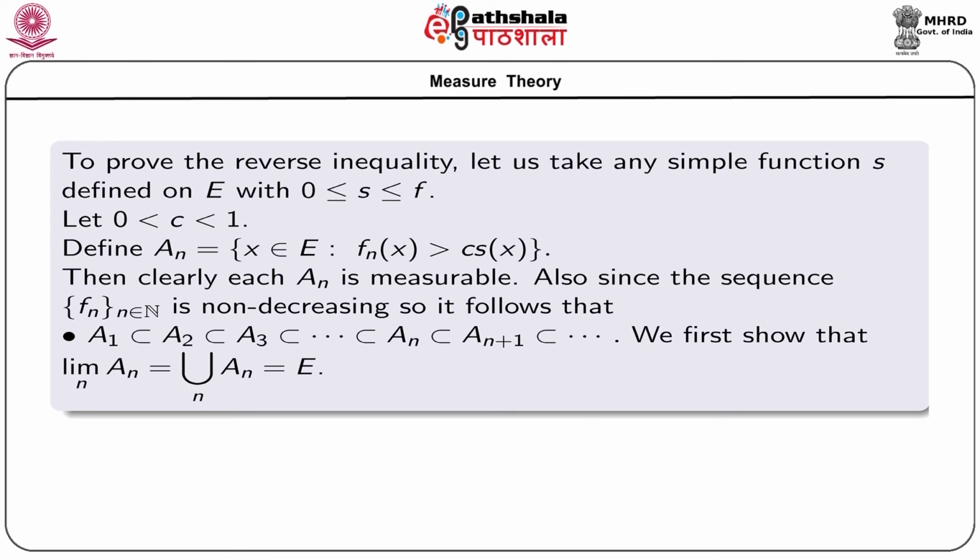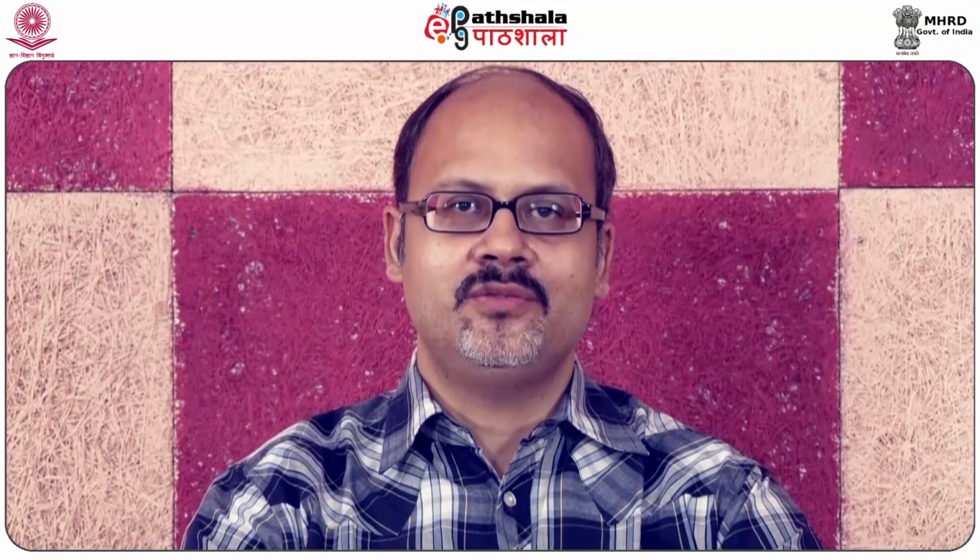We first show that the union of these sets A_n, which is equal to the limit of A_n, turns out to be the whole set E. Let x belong to E. Now, see that if at the point x the value of f(x) is 0, then the value of c s(x) is also 0.